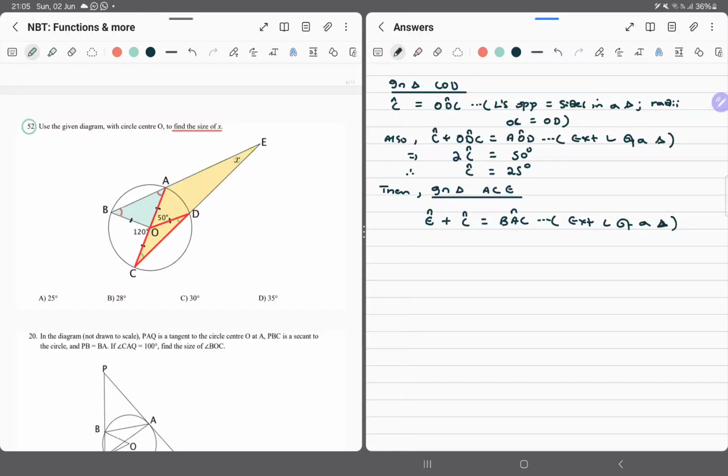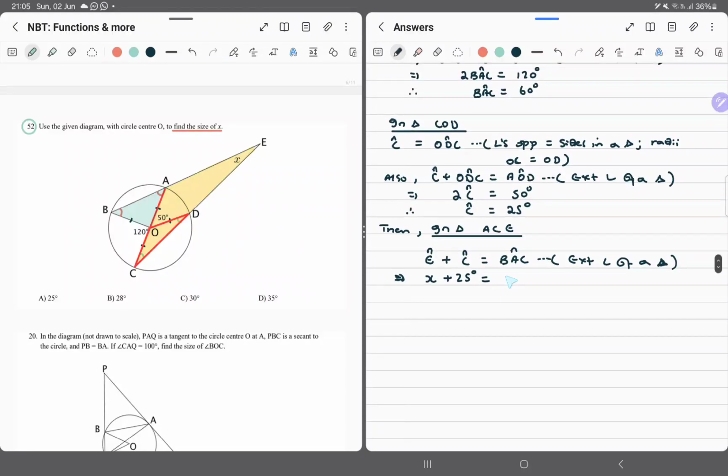We're talking about ACE. This implies that X plus 25 degrees is equal to, we found out above that BAC was 60 degrees. Therefore, our X is going to be 60 minus 25, that is 35 degrees. Answer. Now we can underline that. So what does that mean? The answer becomes option D.